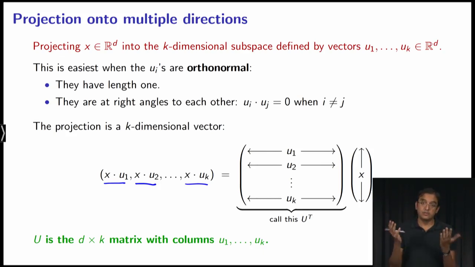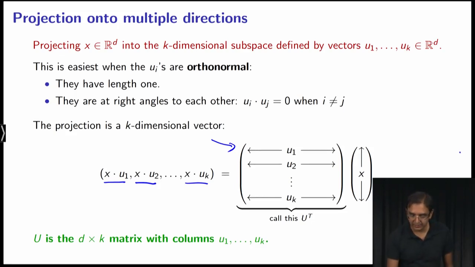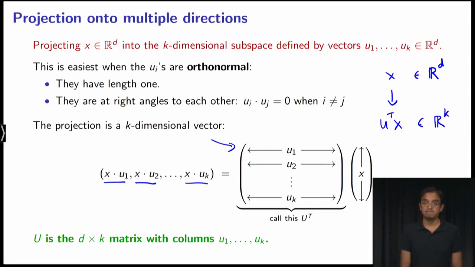Then, let's call that matrix U. U transpose looks like this thing over here. U transpose has these directions along the rows. And then the projection of x is simply U transpose times x. It's a simple matrix vector product. Okay, so the projection of a vector x is simply U transpose times x. So we have this vector that's originally in d-dimensional space, and it gets projected down to something that's in k dimensions.